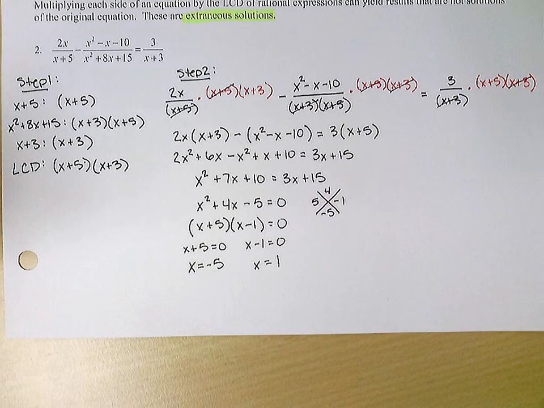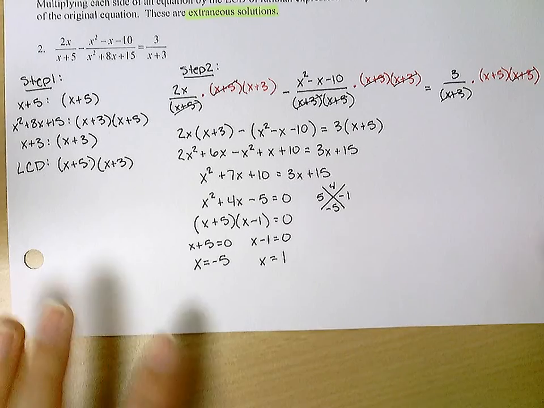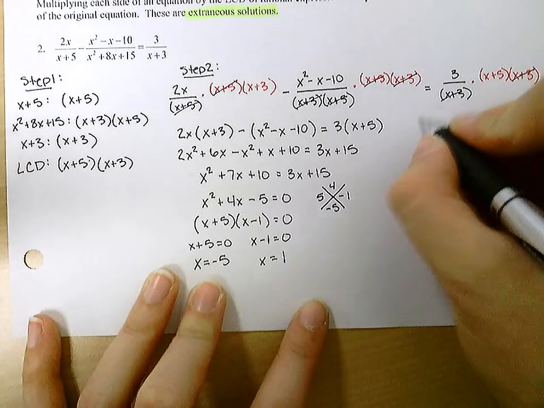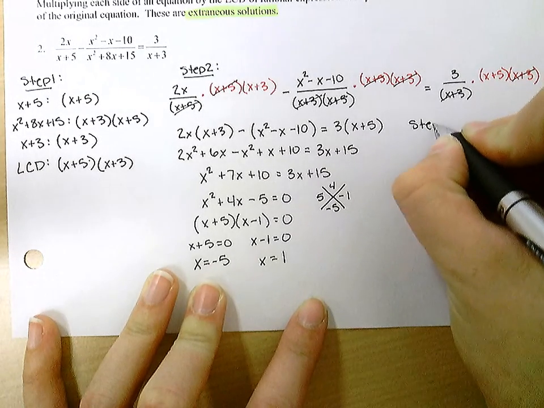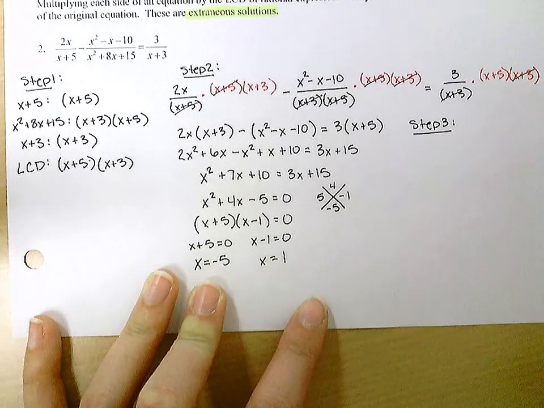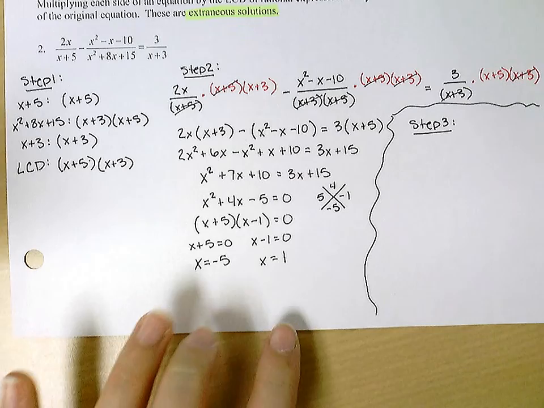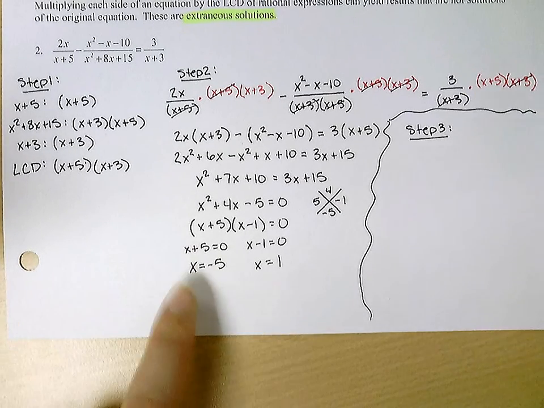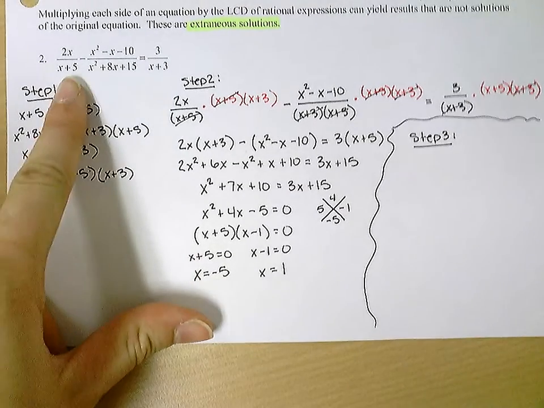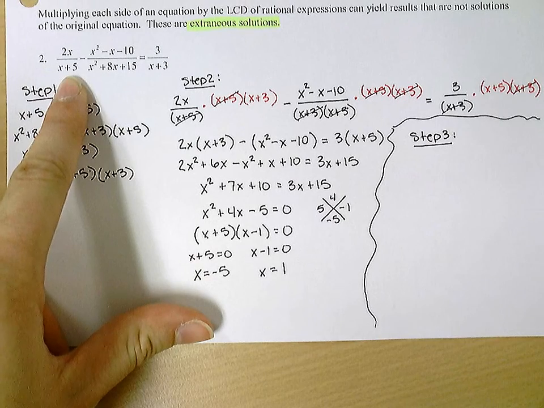Now we do need to check both of those answers. So that's your step 3. I'm going to write it over here. You're plugging in negative 5 into your original.